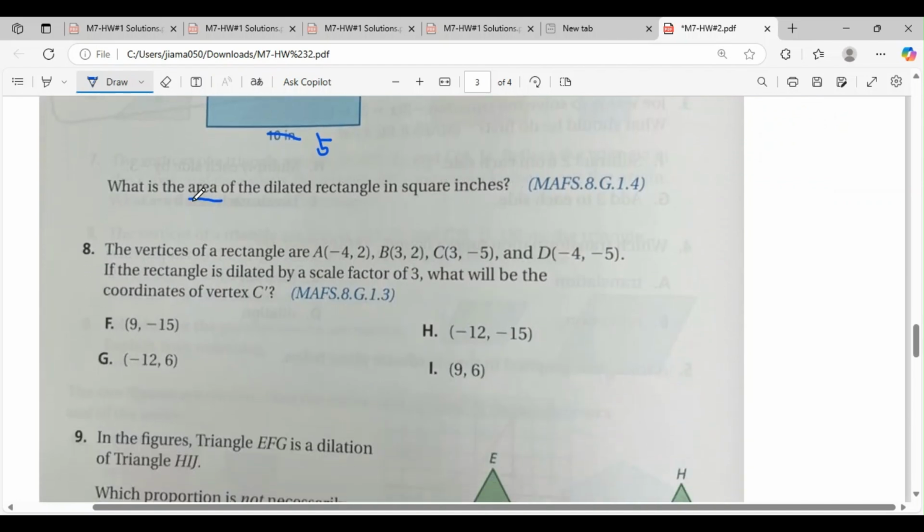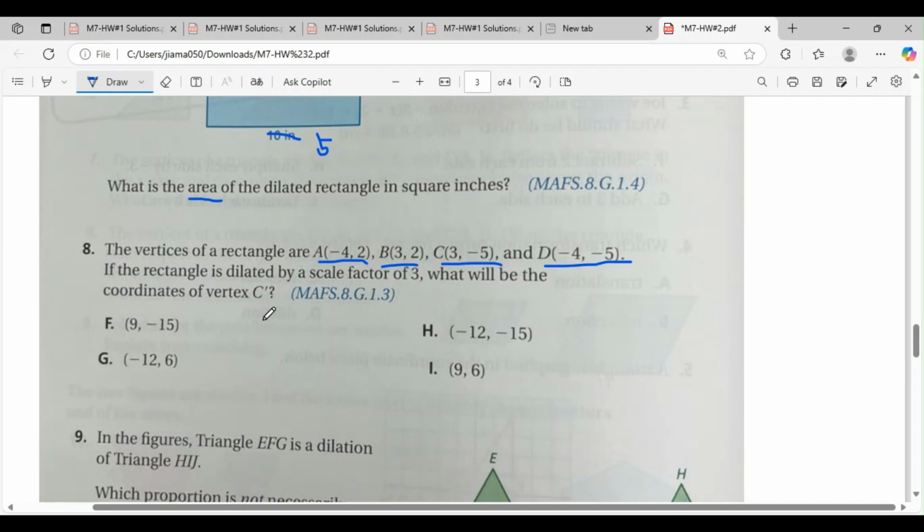Let's see next. The vertices of a rectangle are A (-4, 2), B (3, 2), C (3, -5), and D (-4, -5). If the rectangle is dilated by a scale factor of 3, what will be the coordinates of vertex C?